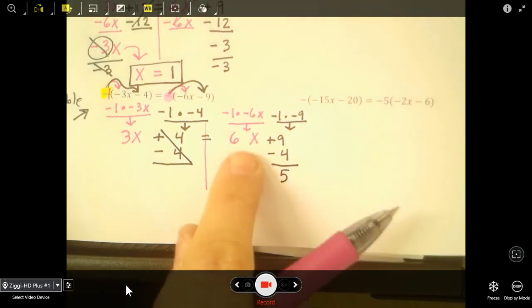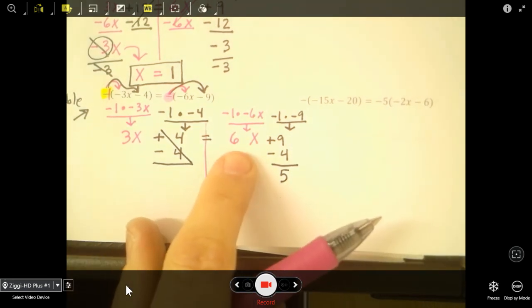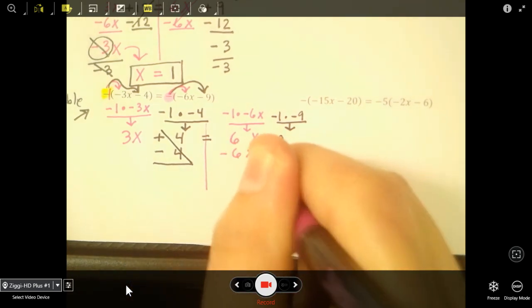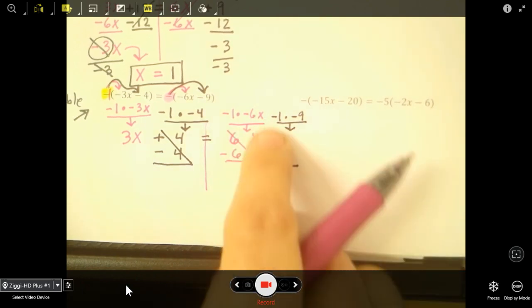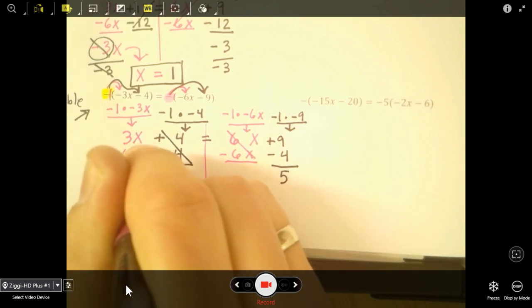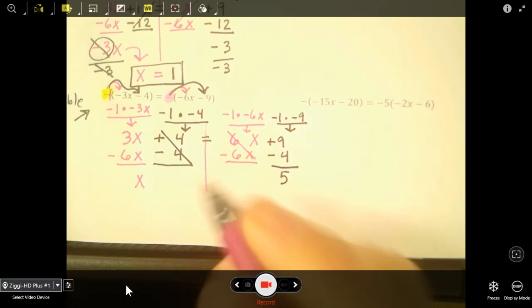And now I want to move this 6x over to the left. So I'm going to go ahead and do the opposite of a positive 6x, which is subtract 6x. Now this is going to cancel out, right? Because anything minus itself is 0. Then I got to subtract 6x over here. This one's not going to cancel out. We will have an x left over, but I don't know how much.